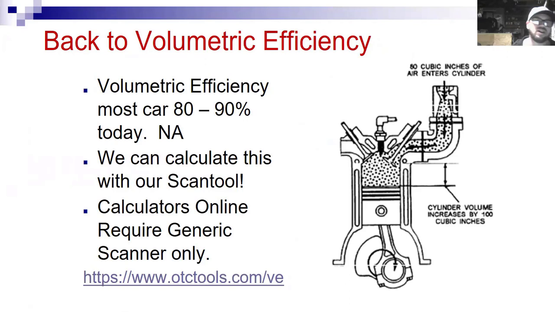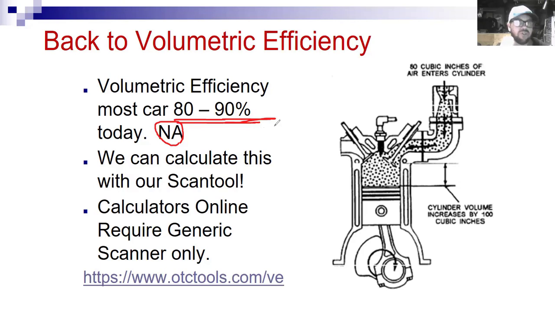Now, for a naturally aspirated car, and that's what I mean by NA right here. I'm not saying nah, I'm saying NA, naturally aspirated, no turbocharger or supercharger. Most cars today will be somewhere between 80 to 90% volumetric efficiency. Guess what?